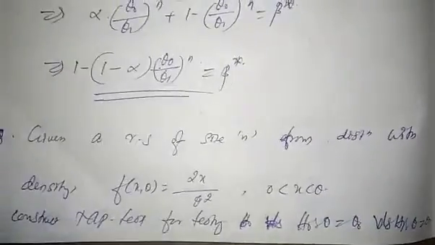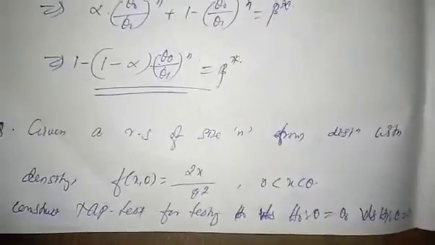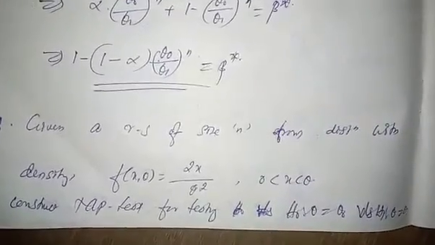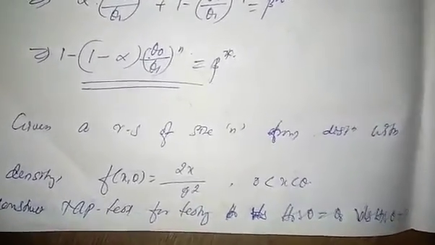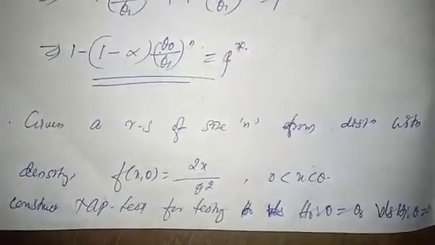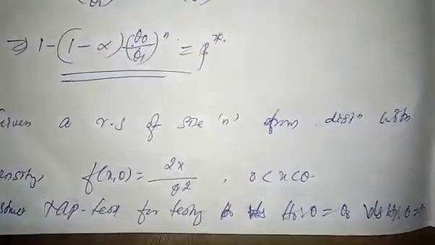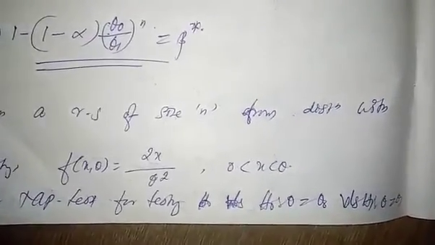Okay, this is the question: given a random sample of size n from a distribution with the density f of x theta equal to 2x divided by theta square, where 0 less than x less than theta, construct an MP test for testing H naught theta equal to theta naught versus H1 theta equal to theta 1, where theta 1 is greater than theta naught.